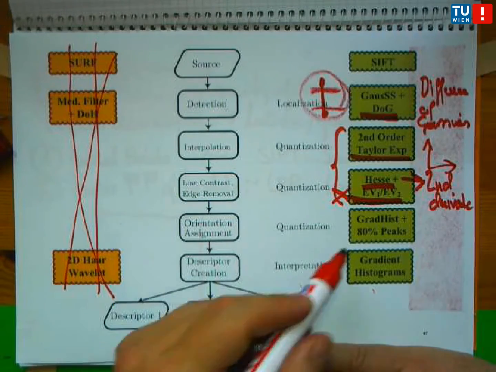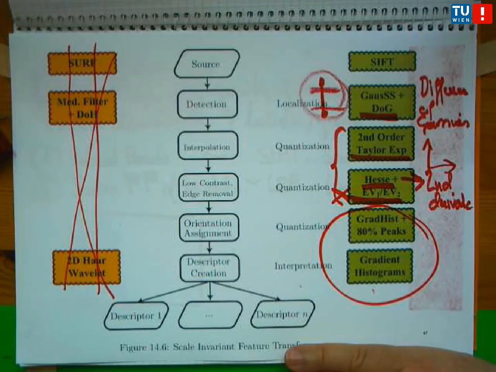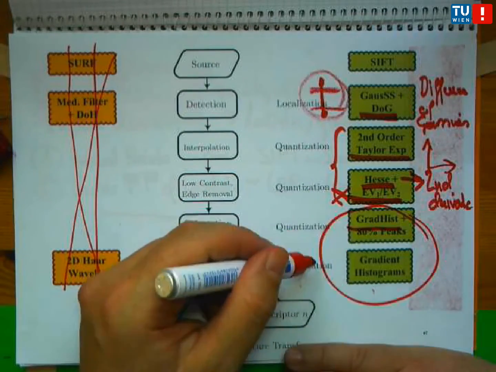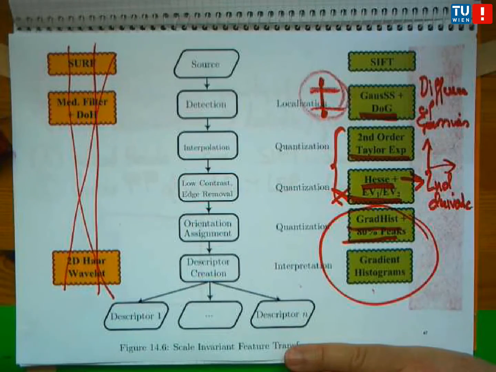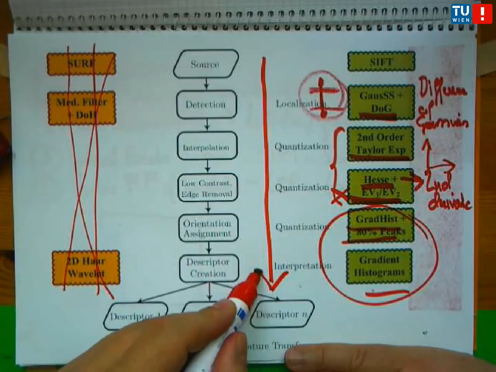Anyway, in the last step comes this building of the histogram. We compute the gradients, set a threshold for what is interesting, only the very long gradients come into the computation, and then we build the histogram. That is a typical local feature method.